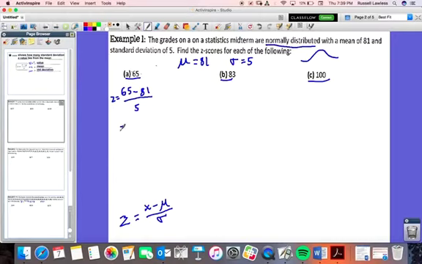When we're putting numbers in the calculator, make sure you use parentheses: 65 minus 81, then the divide sign, 5. I'm writing it out because you can't see what I'm typing into the calculator. When you do that, you'll find that your z-score is equal to negative 3.2.